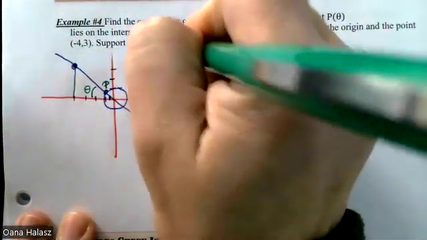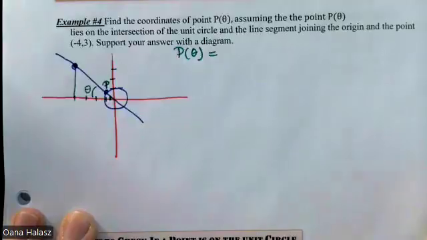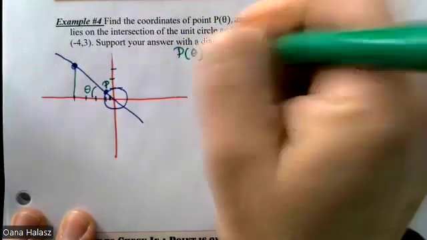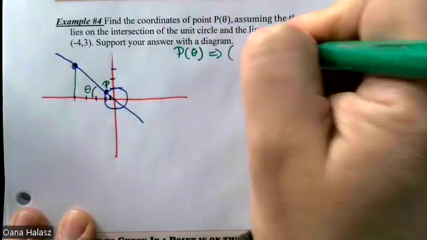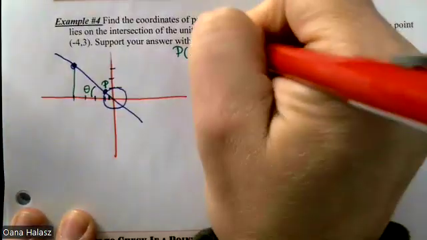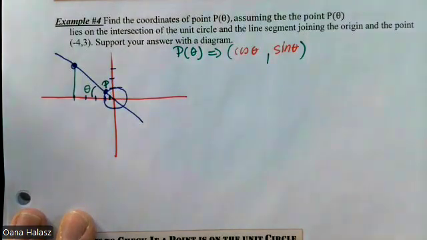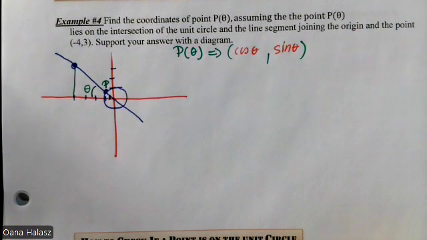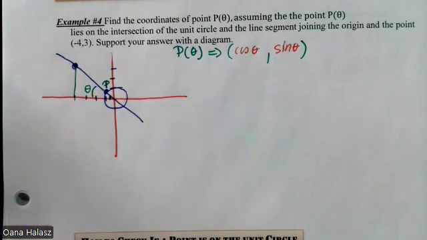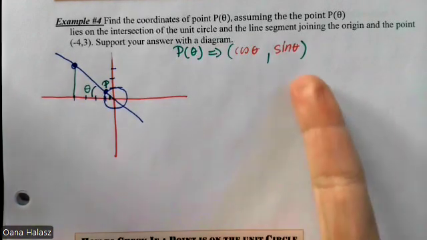P theta, which is the point on the unit circle, has the coordinates cosine of theta, sine of theta. So to get the coordinates of this point on the unit circle, all I have to do is find the cosine or sine of the central angle theta.